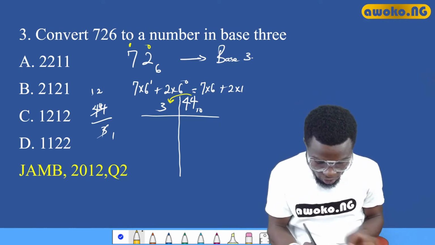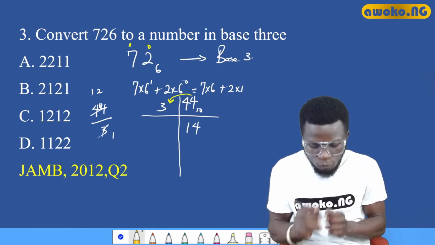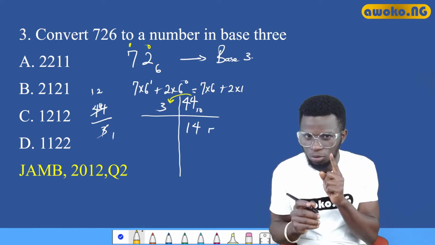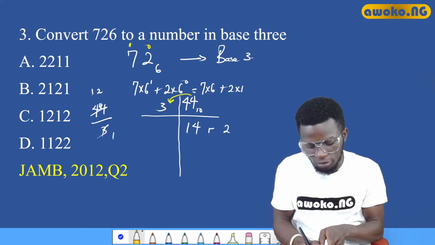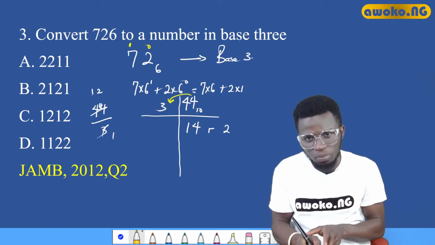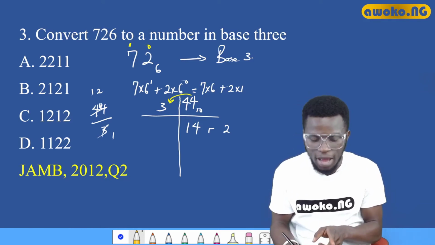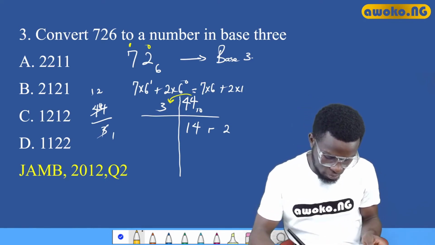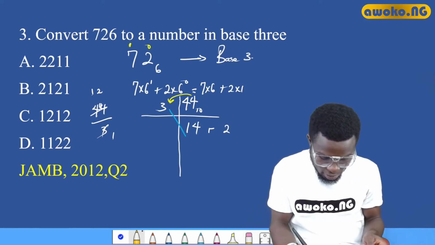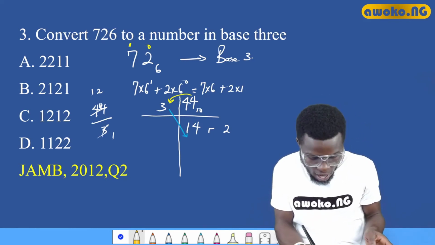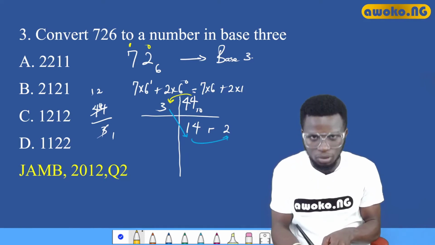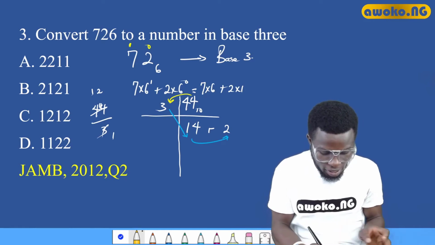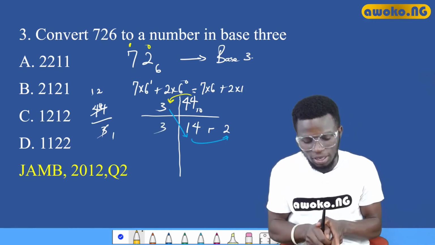So 3 goes in 44 14 times, remainder 2, such that 3 times 14 of course will give us 42, then plus 2 will give us 44. The idea is once you multiply like this, the resultant value you add to 2 must give you 44. All right, so if I continue that way, I have 3 goes in 14.